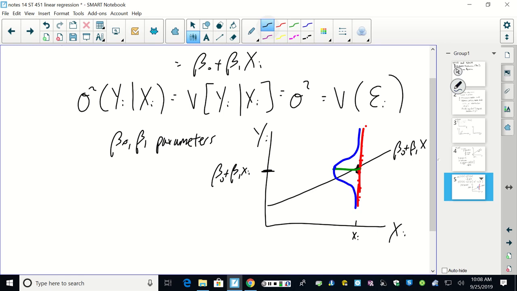given a set of data, x and y, sampling, if you have a bunch of particular values of x, it's going to imply that the data points are going to be kind of around the line with some plus or minus errors, and kind of concentrated around the line with some variance, depending on how big sigma is, right?